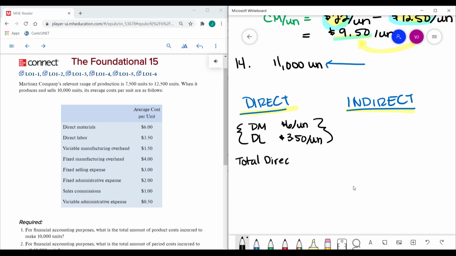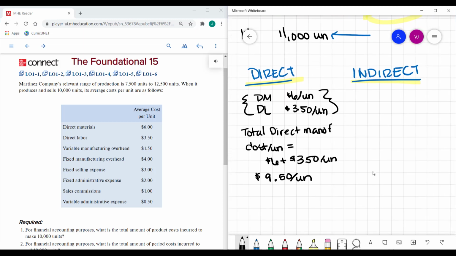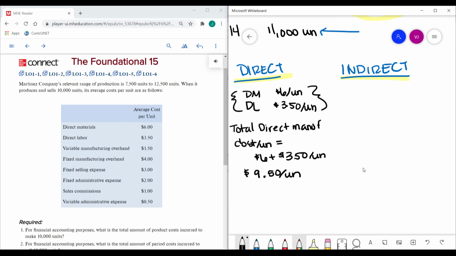So let's find the total direct manufacturing cost per unit. What does that come out to? The total direct manufacturing cost per unit, that's $6 plus $3.50 per unit. That gives us $9.50 per unit. So we can convert that to a total direct manufacturing cost amount when we are producing 11,000 units, right?